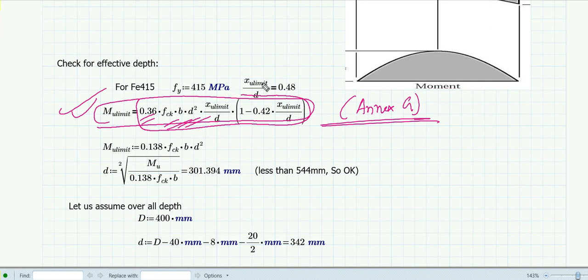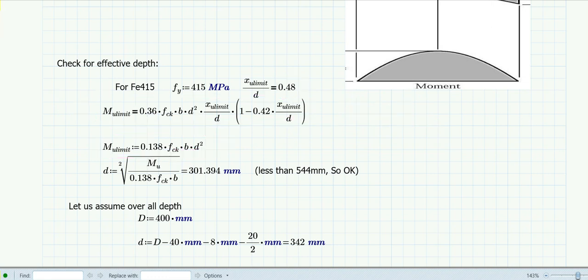If you put the value of xu by d as 0.48, it can be simplified to this equation, that is 0.138 fck bd square. It becomes a very simple equation. You can remember this equation. It will help you to speed up your process of design. Now what is the effective depth?